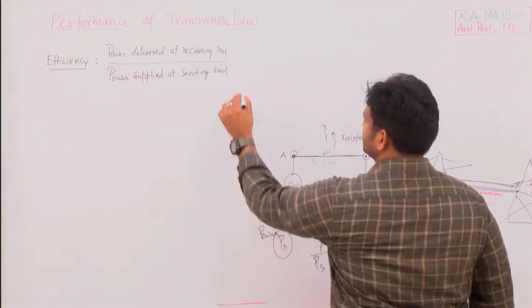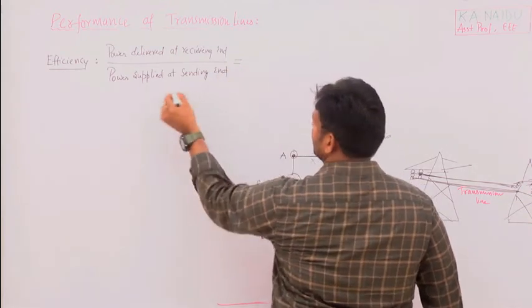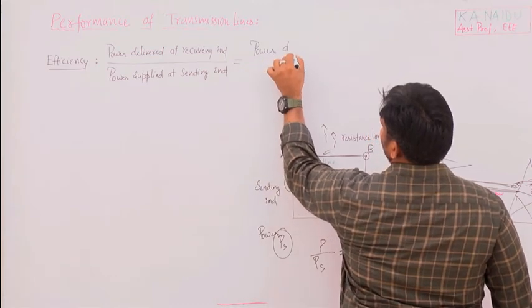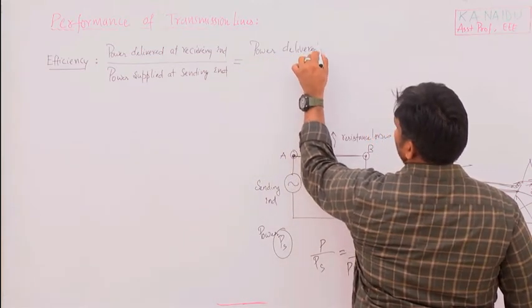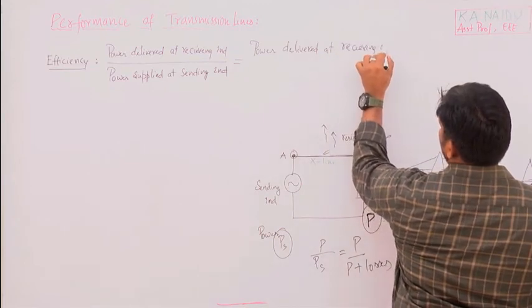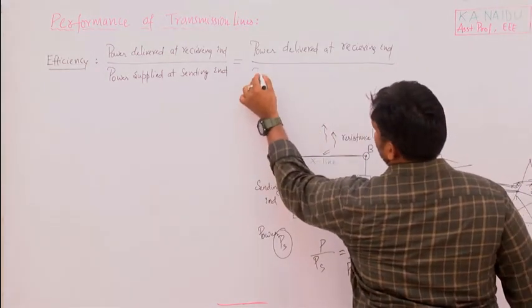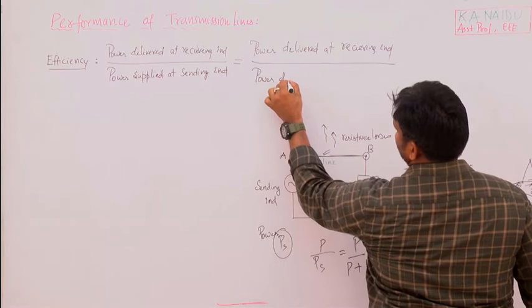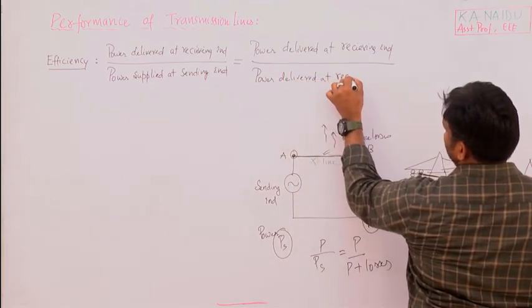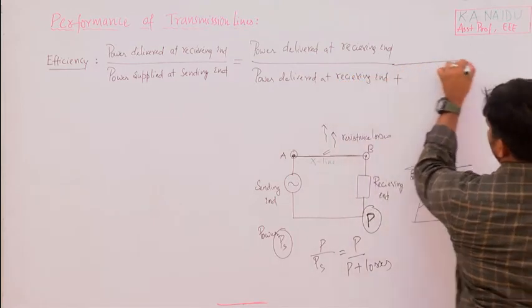Here power that is supplied at sending end is the sum of the power delivered at receiving end plus whatever losses.